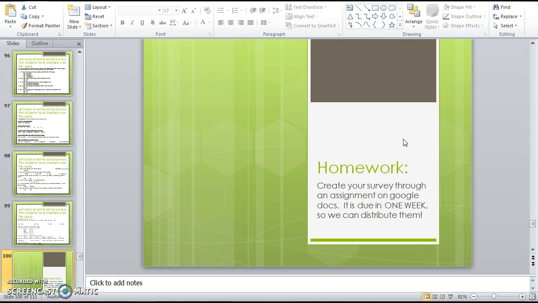When you say we're going to look at that grade, which grades are going to take the surveys? Yeah, 6th graders are going to take the surveys.